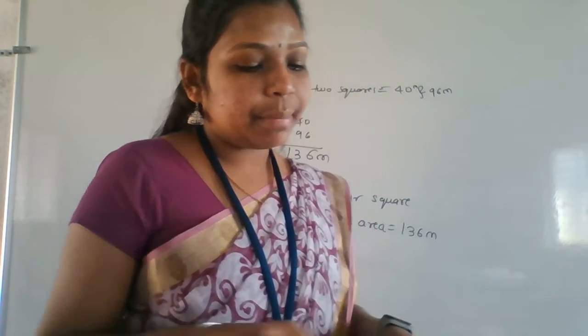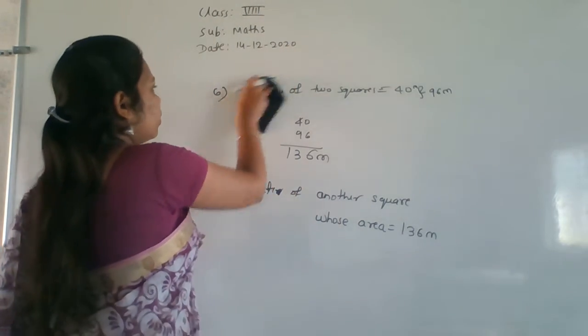But here they have given the perimeters of two squares. This is a perimeter.